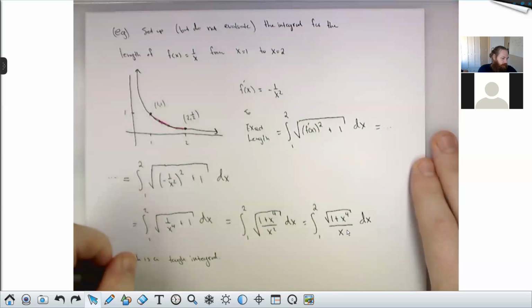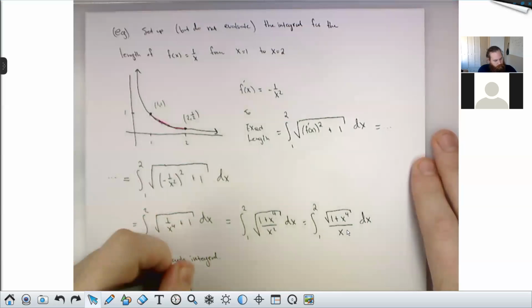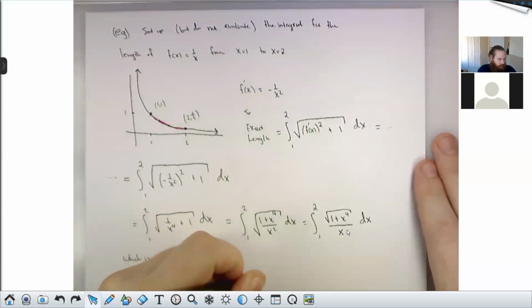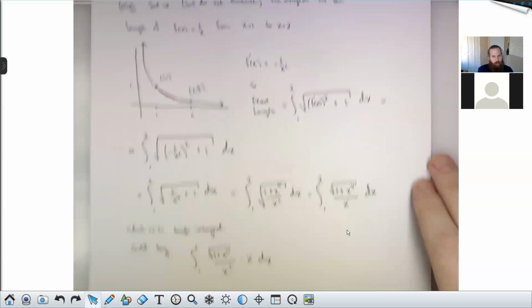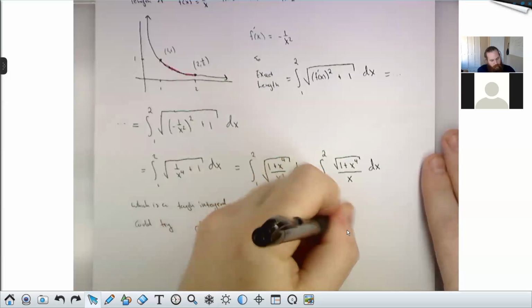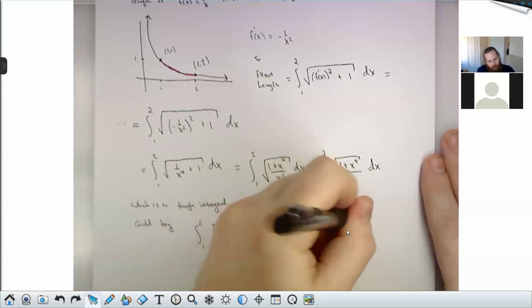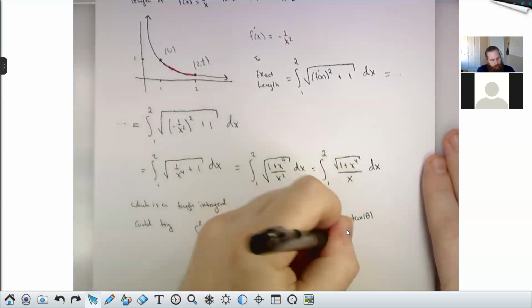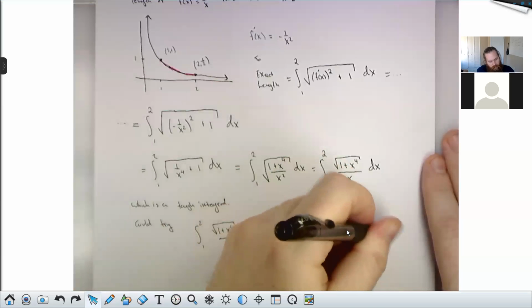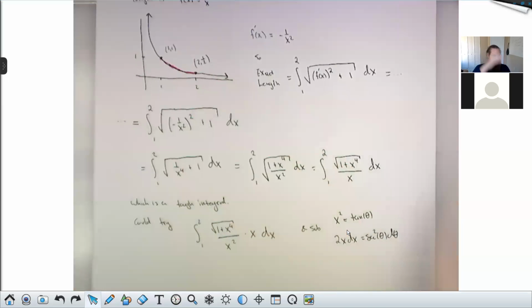You could try rewriting it as the integral 1 to 2 with x squared down here and an x up here, like this, multiplying by x over x, and then sub x squared equals tan theta, which would be 2x dx equals secant squared theta d theta.